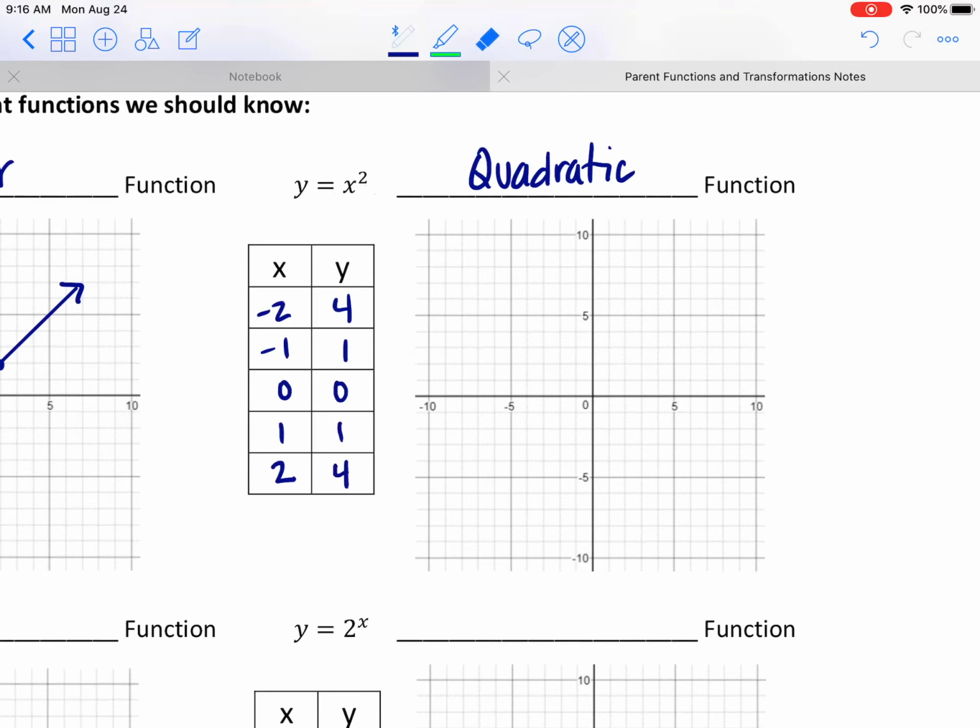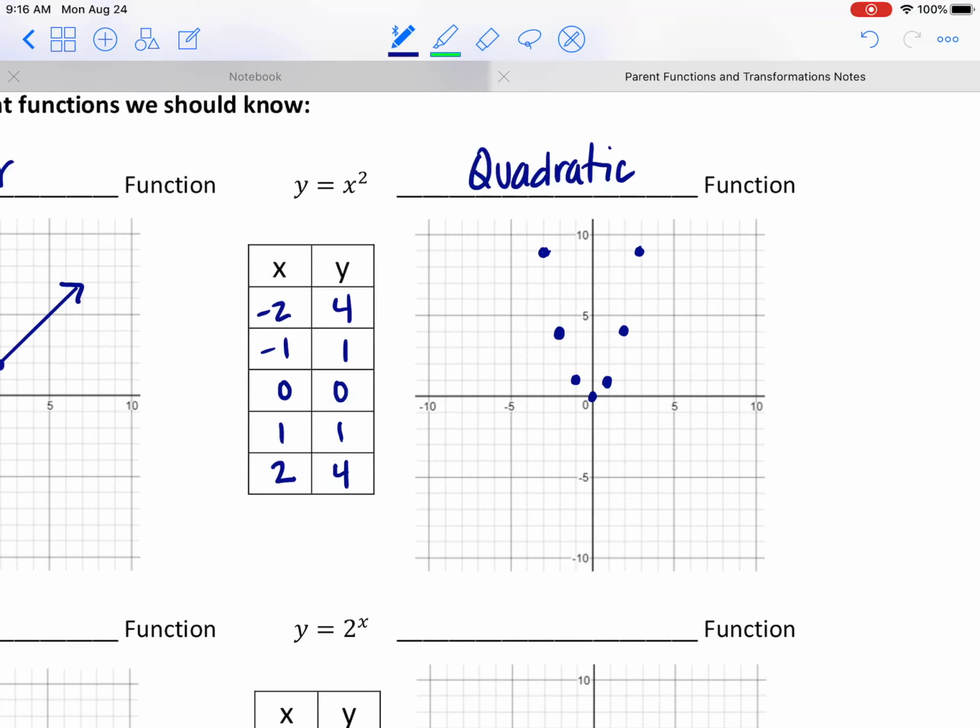So when I go to plot these points, at -2, 4, -1, 1, 0, 0, 1, 1, and 2, 4, we see a different shape being created here.